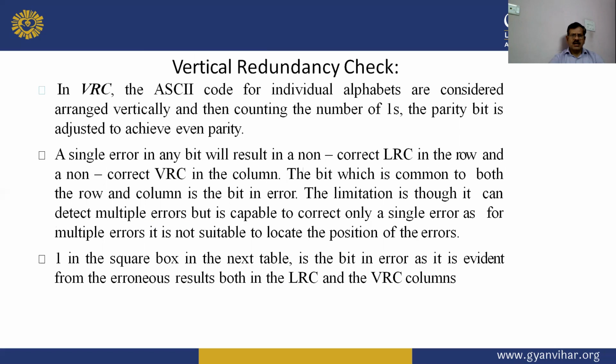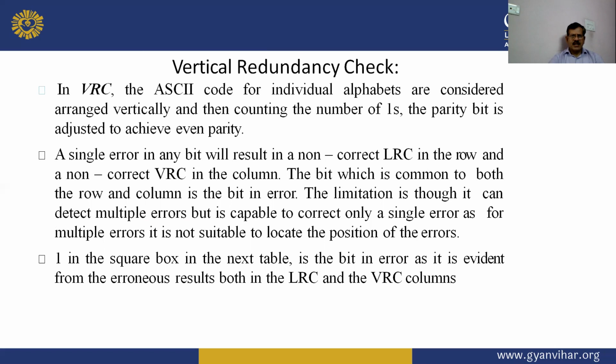Next is the vertical redundancy check, VRC. In VRC, the ASCII codes for individual alphabets are considered arranged vertically and then the number of ones is counted. The parity bit is adjusted to achieve even parity.